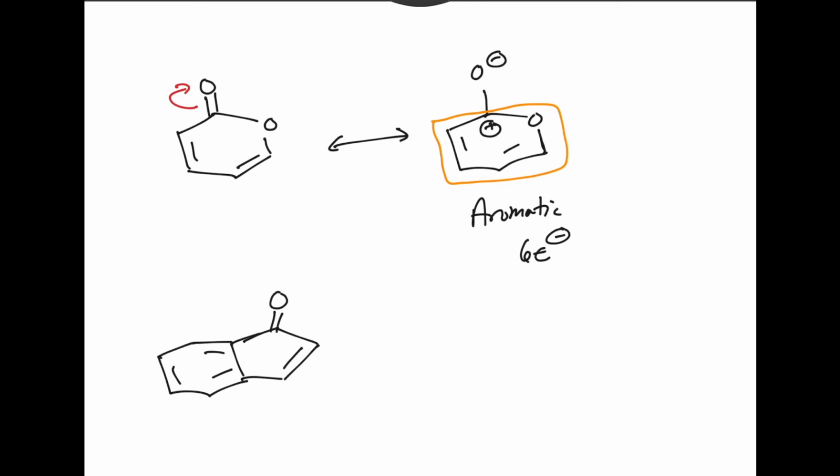So if we have this, draw the resonance structure. We move those electrons out of the ring. Oops, I should make that something legible.